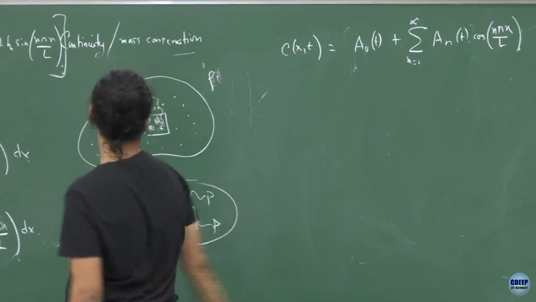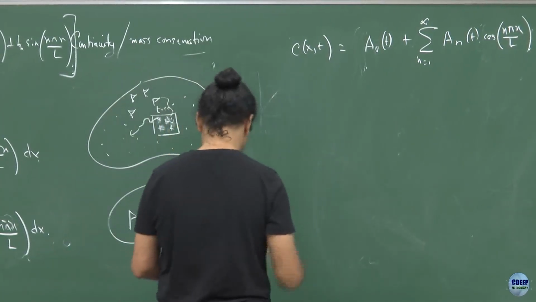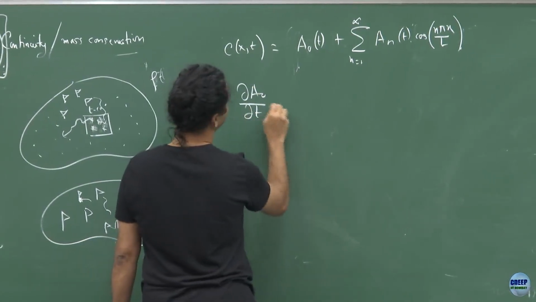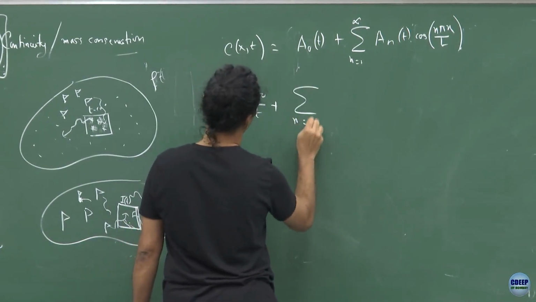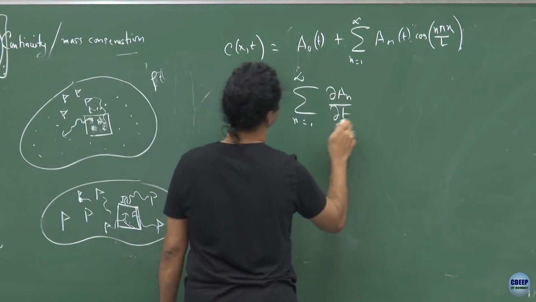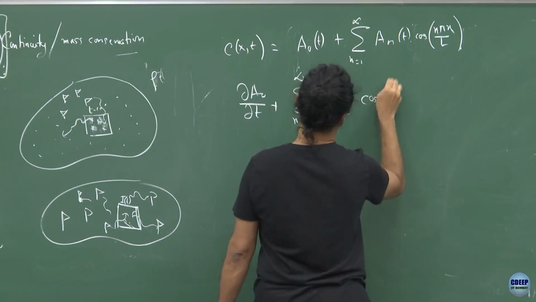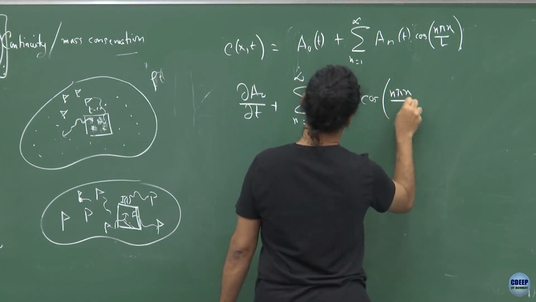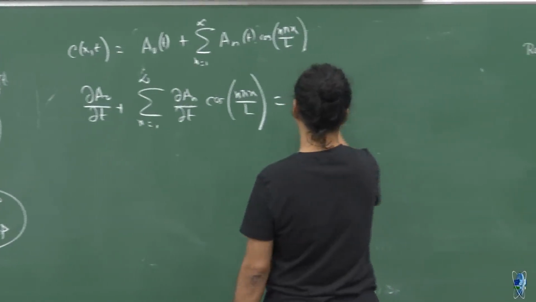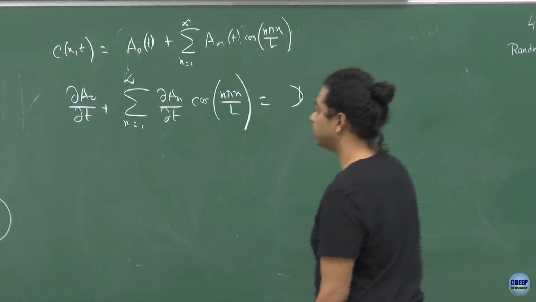I plug it back into my diffusion equation. Okay. So, what do I get? I get del a naught del t plus sum over n equal to 1 to infinity del a n del t cos n pi x by L, right. That is my left hand side, and then on the right hand side I get D del 2 del x2.